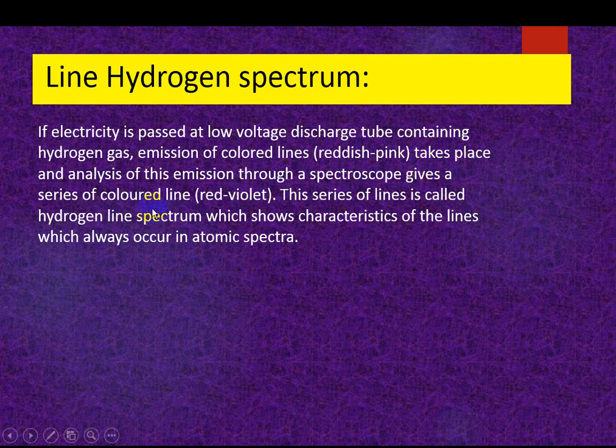Analysis of this emission through a spectroscope gives a series of colored lines, from red to violet. This series of lines is called the hydrogen line spectrum, which shows the characteristics of the line spectra of other atomic spectra.